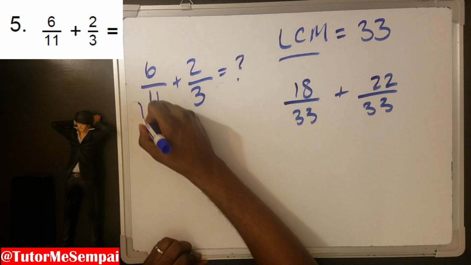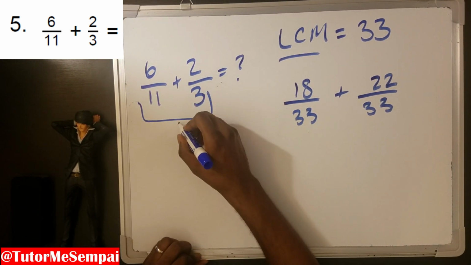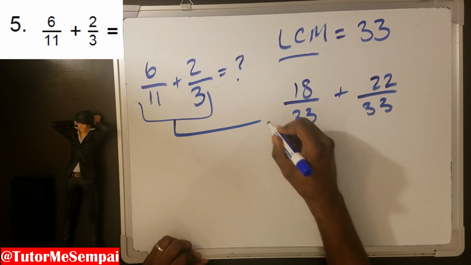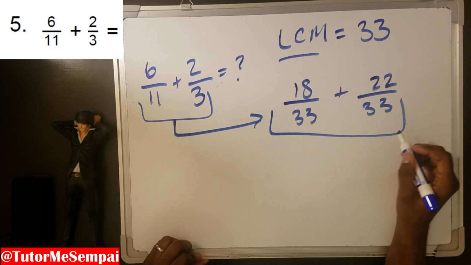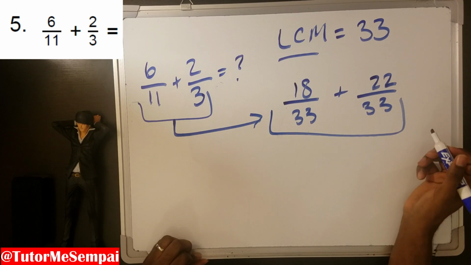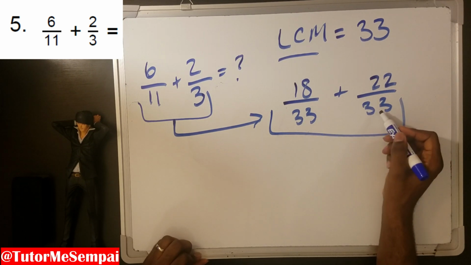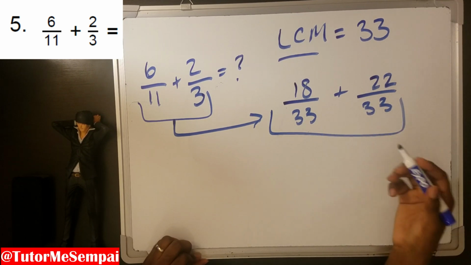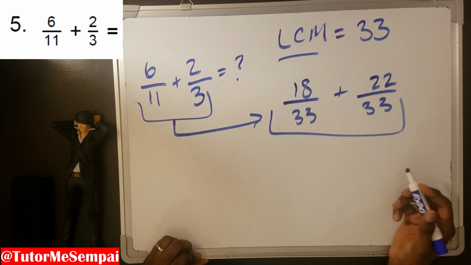So now that we've gone from this, which we couldn't add because they were unlike fractions, to this, which we can add now because they are like fractions, hence the like denominators, we can finally find the answer to this question.